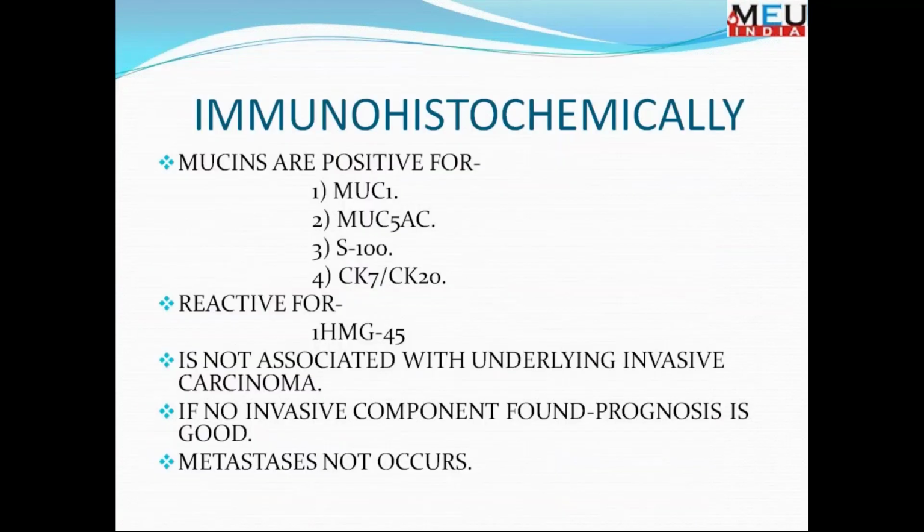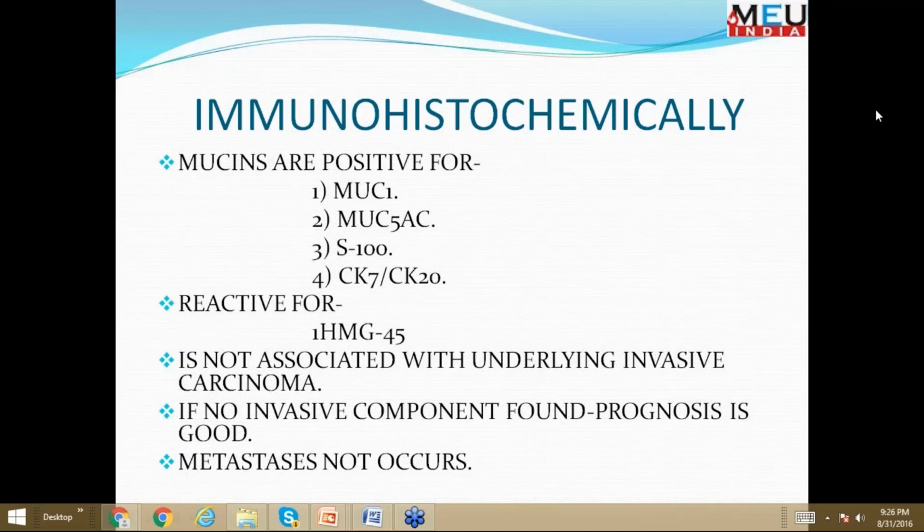Immunohistochemically, the mucins are positive for MUC1 or MUC5AC, S100, CK7, and CK20, and it is reactive for HMB45, and it is not associated with underlying invasive carcinoma. If we do not find any invasive component, then the prognosis is good, and metastasis does not occur.